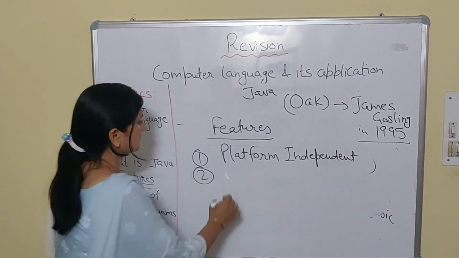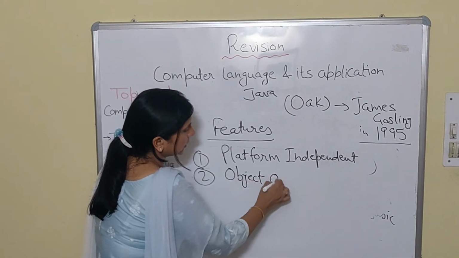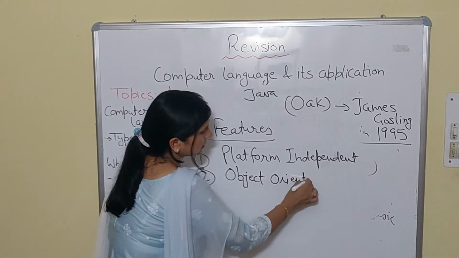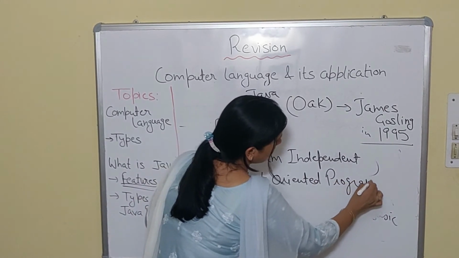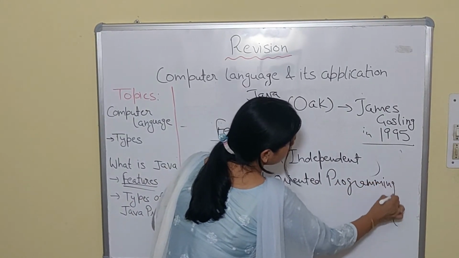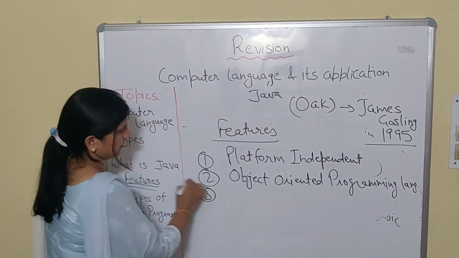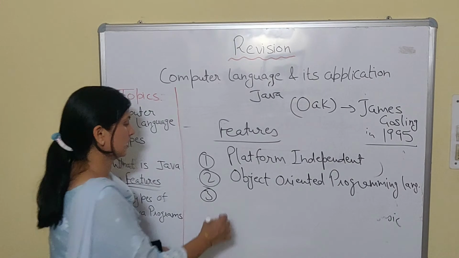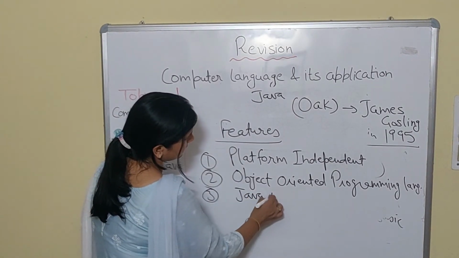Second is Java is object oriented programming language. Fine. Third one, Java is case sensitive.